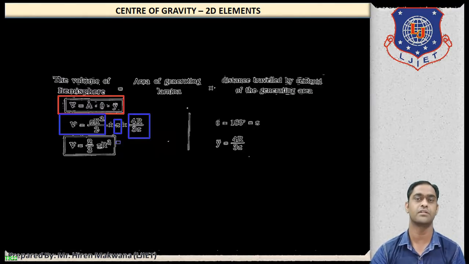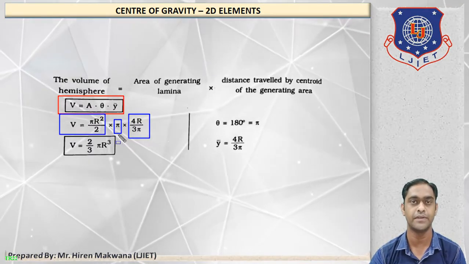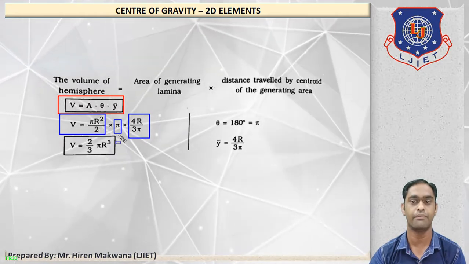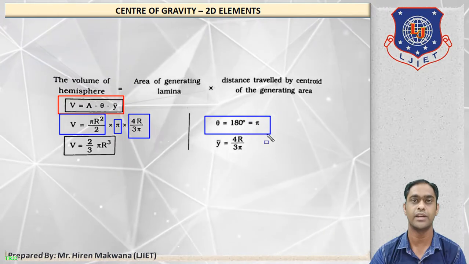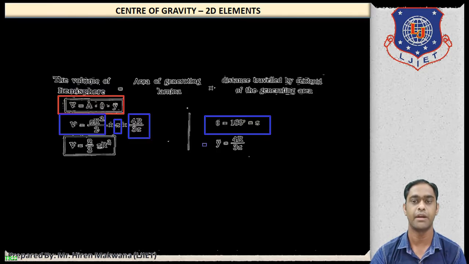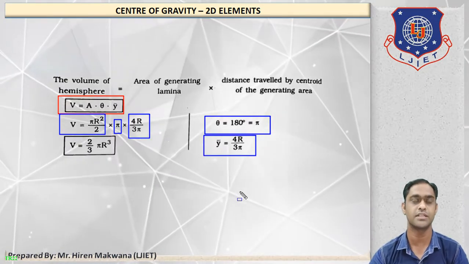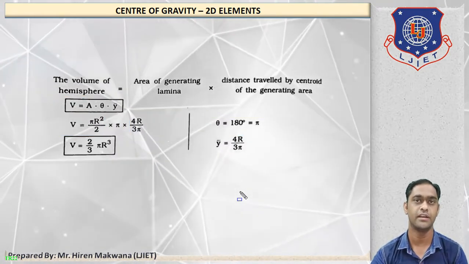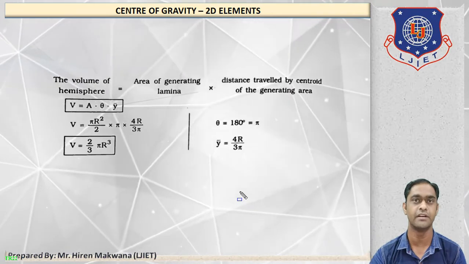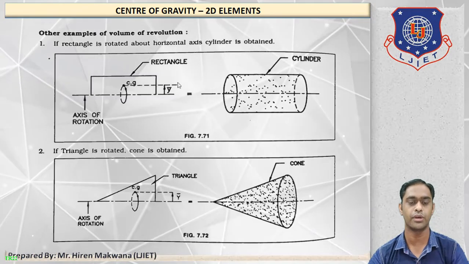By simplification, we get the volume of the hemisphere as 2/3 of pi r cube. So this is the first case in which the object is rotated up to 180 degrees and a hemisphere is generated. Now let us check two more cases.